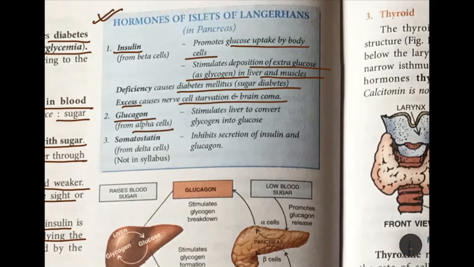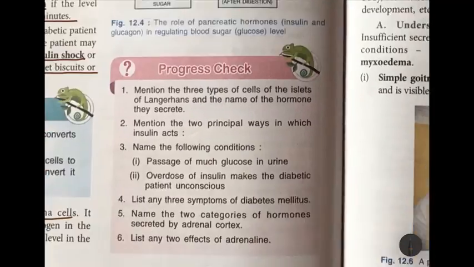Glucagon from alpha cells stimulates liver to convert glycogen into glucose. And somatostatin is not there in your syllabus, but just for your information, keep in mind that it inhibits the secretion of insulin and glucagon. It does not allow the secretion of insulin and glucagon.